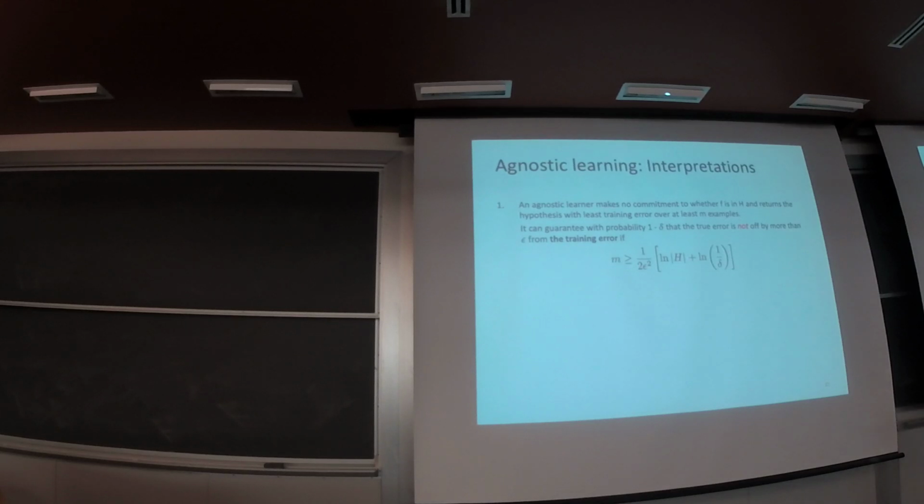We can now directly say the generalization error will be less than some level. We can always say it will not be too far away from the training error with high probability. Obviously, the smaller the training error you get, plus this difference, the smaller the true error.